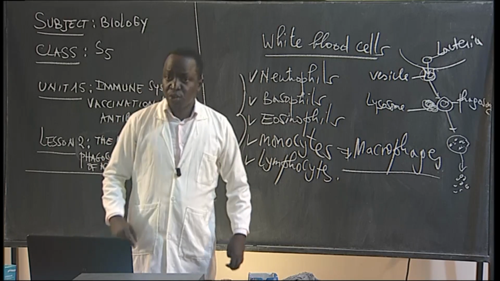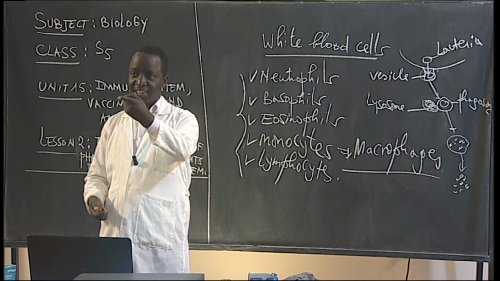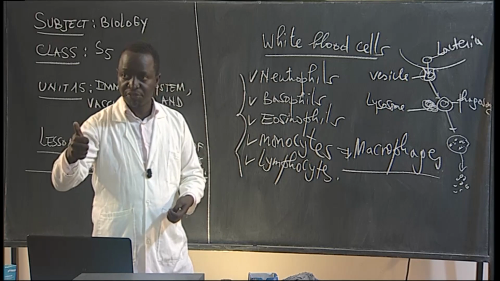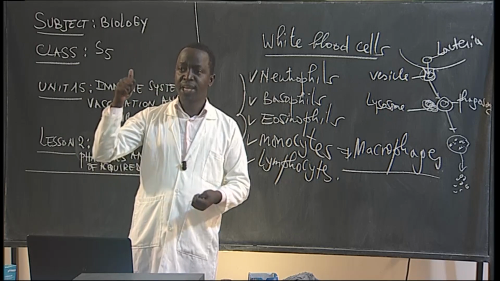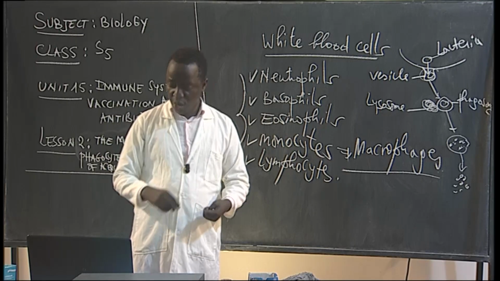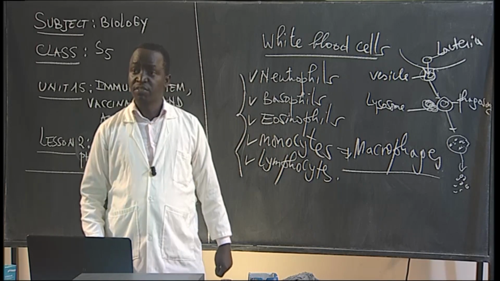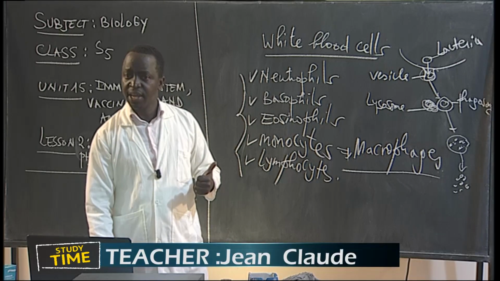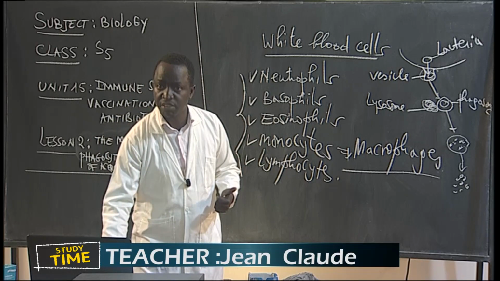So, we do have, as I have said, the immune system is divided. It has two components. We do have what you call the innate immune system. We do have also what you call the acquired immune system. So now, what is acquired? It is called the acquired immune system or adaptive immune system.